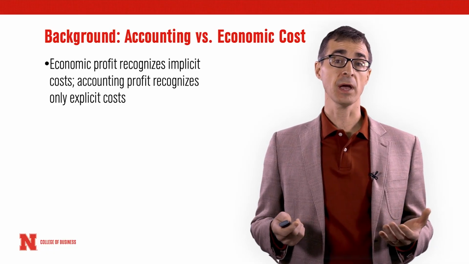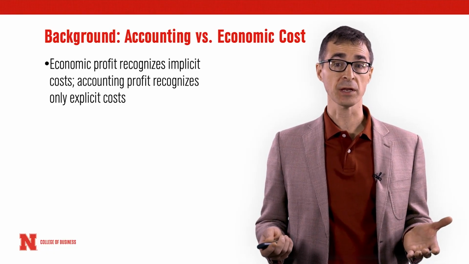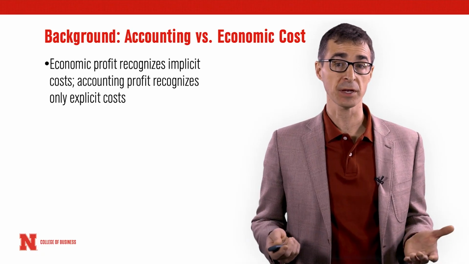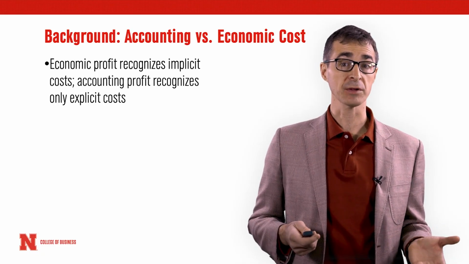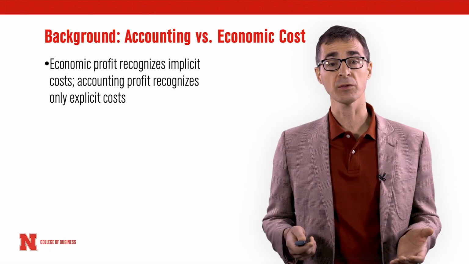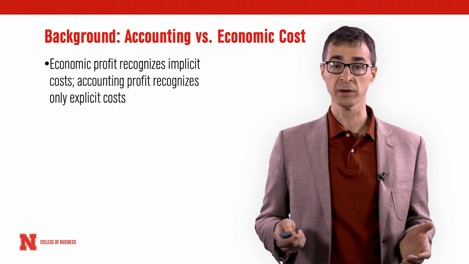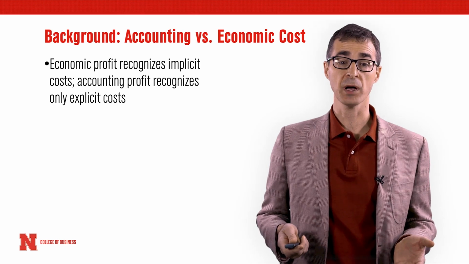On the other hand, if the economic profit is negative, and it can oftentimes be the case that even though the firm has a positive net income, the economic profit is negative, what that tells us is that the firm is earning less than the equity holders would expect, even though the net income is positive.